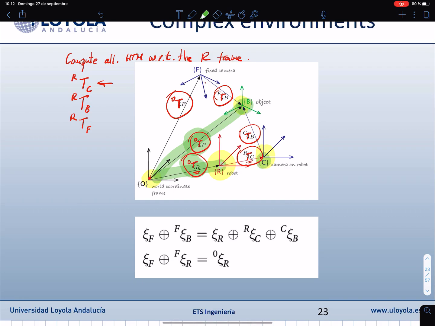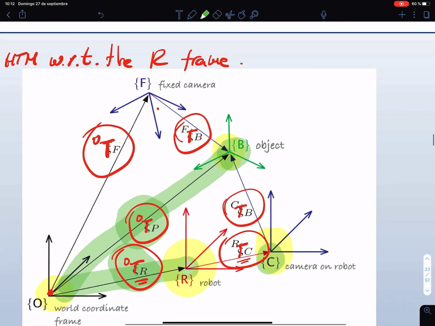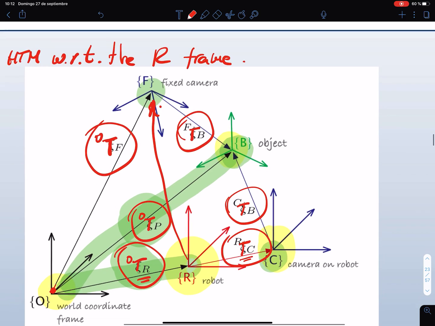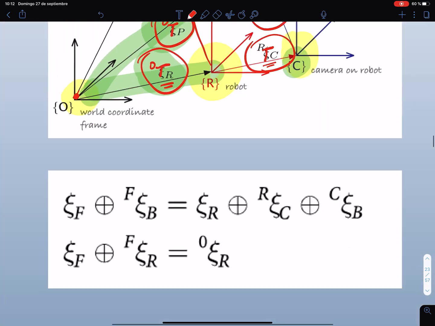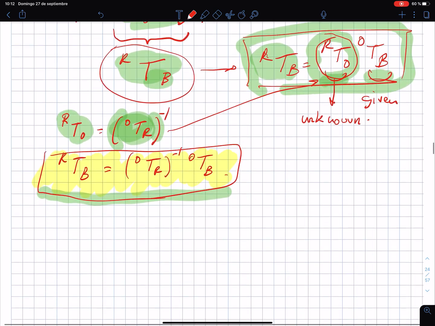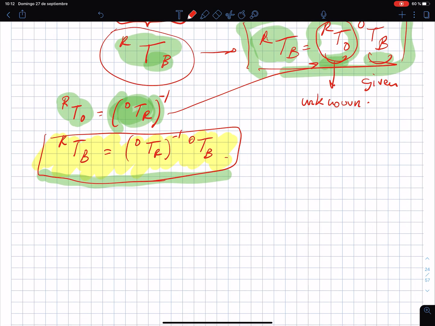This has just been computed. Now let's move to FTR, right? So how do we transform from F to R? Well, from F to R, we will follow exactly the same steps. We are transforming from F to R.